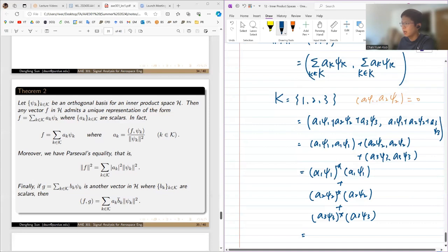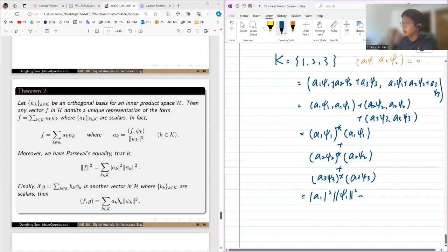And this will become the square of the absolute value of a1 times the squared norm of psi 1, plus the square of the absolute value of a2 times the squared norm of psi 2, plus the square of the absolute value of a3 times the squared norm of psi 3.